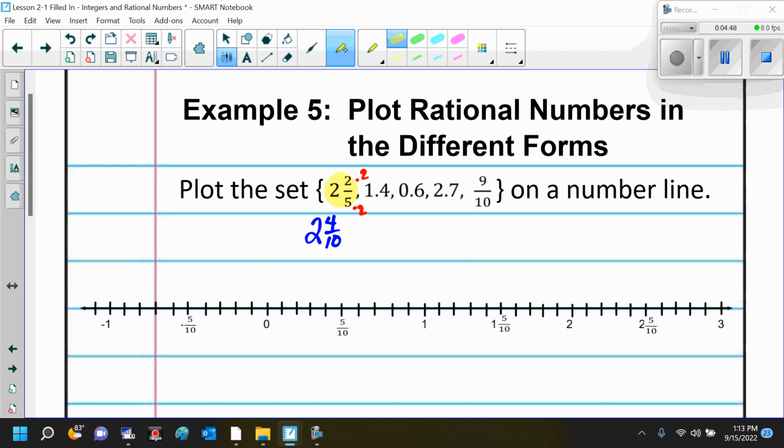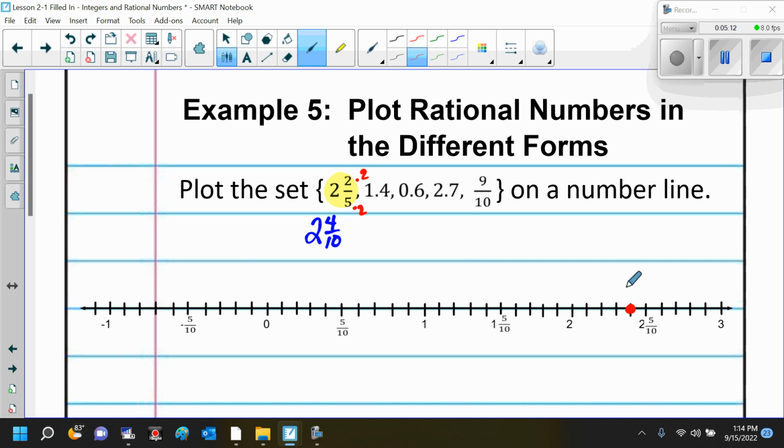Okay? So now we can graph. When we graph, we've got the 2 4/10. So here's 2, 1/10, 2/10, 3/10, 4/10. That one right there is 2 4/10. Now watch, when I'm graphing down here, when I label it, I'm going to label it with the original number.